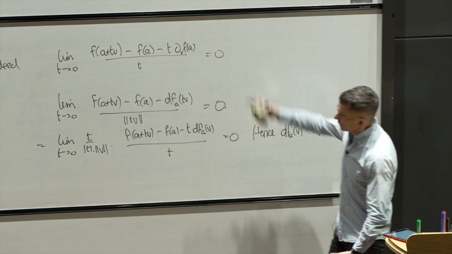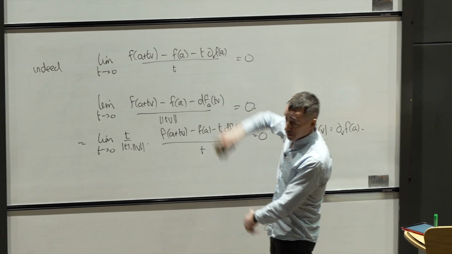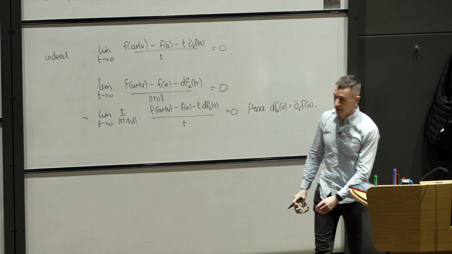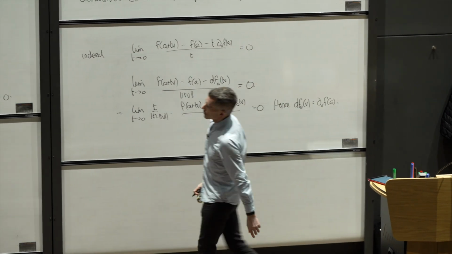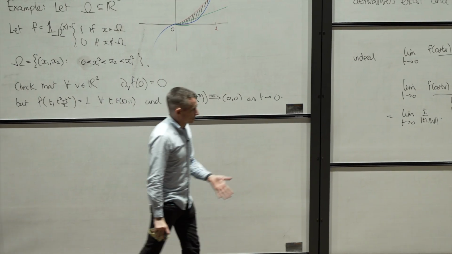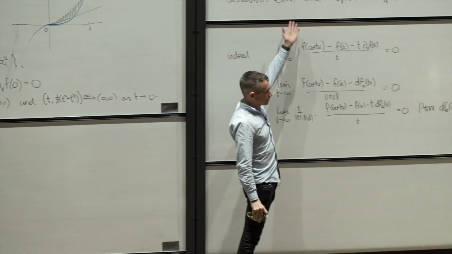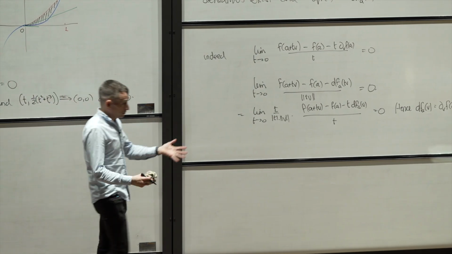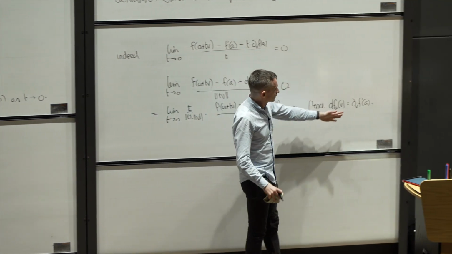Okay, so the Fréchet derivative is the linear map you get by patching together the directional derivatives. So if you have a function whose directional derivatives exist, the question of whether it's Fréchet differentiable or not is a property of the linear map you get by piecing together the directional derivatives.